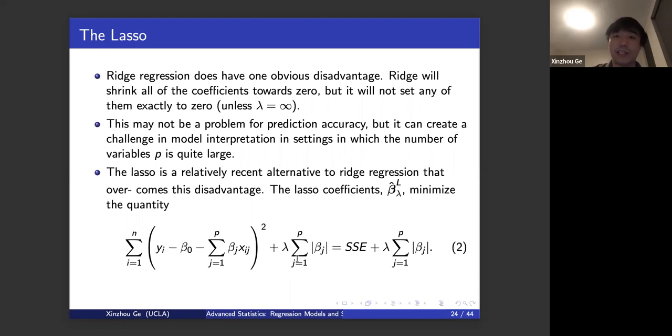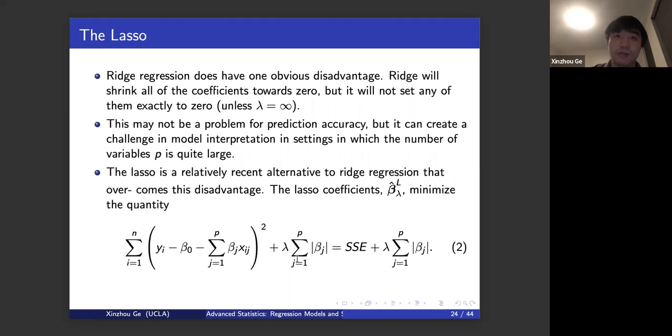And the lasso is another way to do the regression, with shrinkage or regularization, because there is one limitation for ridge regression.